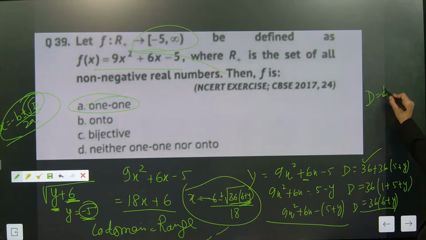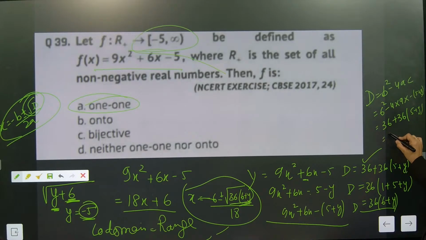Discriminant is equal to b square minus 4ac. 6 square minus 4 into 9 into minus 5 plus y. So minus into minus will become plus. 36 plus 36, 5 plus y, correct? So here 36 will be there, 5 plus y plus 1. So 36, 6 plus y.